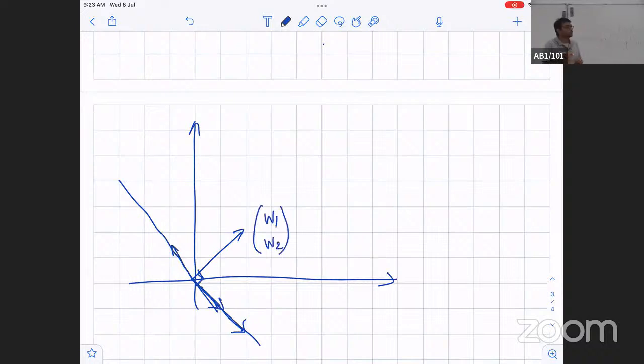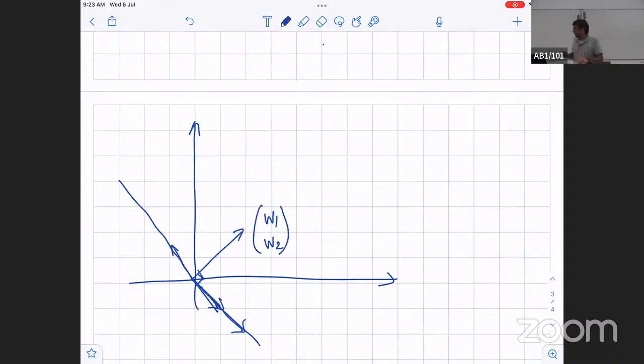What is the meaning of orthogonal? If I say a vector is orthogonal to a line or a plane, what does that mean? It's normal to the plane, right? So what is the advantage? In two dimensions, if this is a line and I tell you the orthogonal vector, I can define the line.